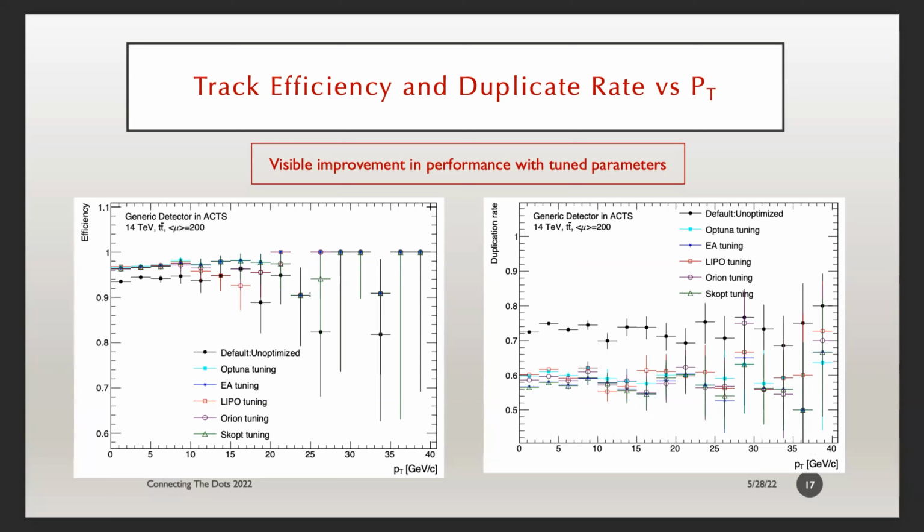Definitely the unoptimized black dots are not what the ATLAS current results are. So these are the results corresponding to the default parameters that we already have in ACTS. But we are making improvement on top of that, so we are hoping that we'll be able to get some improvements with respect to the ATLAS tuned parameters as well. Yes, Mark.